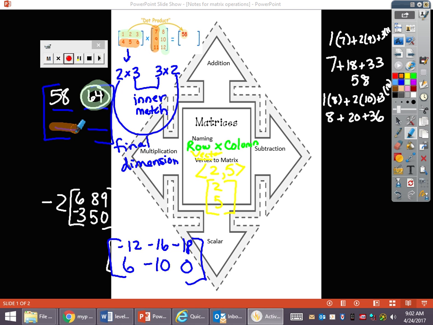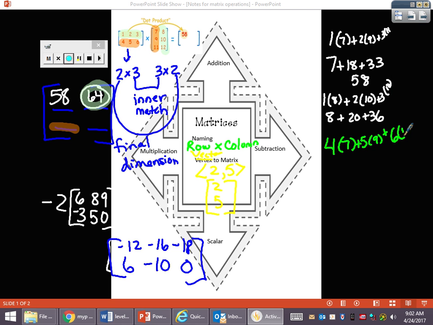So what does that mean? 4 times 7 plus 5 times 9 plus 6 times 11. 28 plus 45 plus 66. So 30, 75, 75 plus 64, 139.